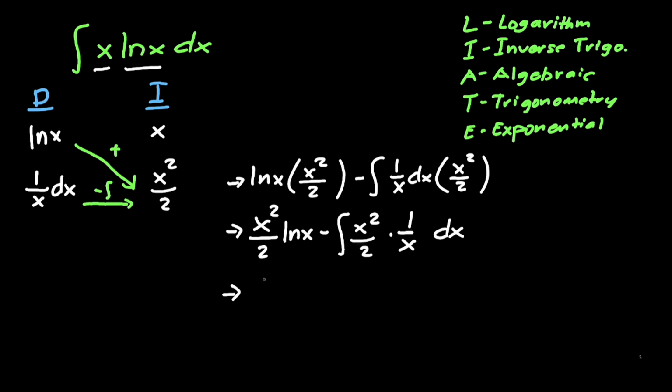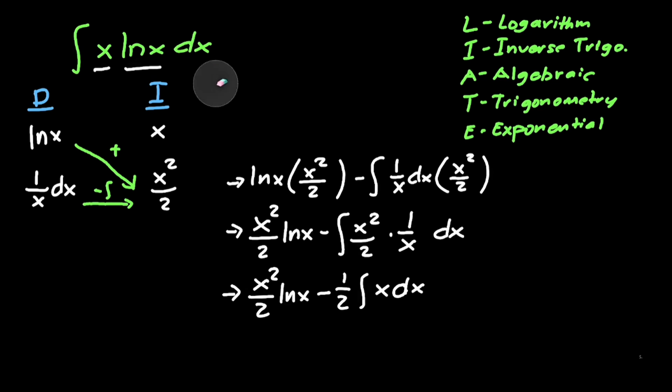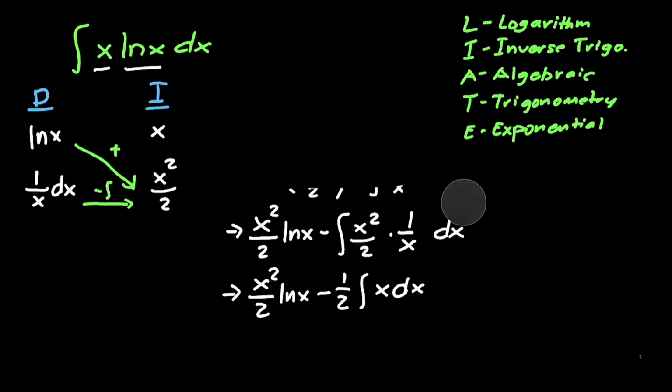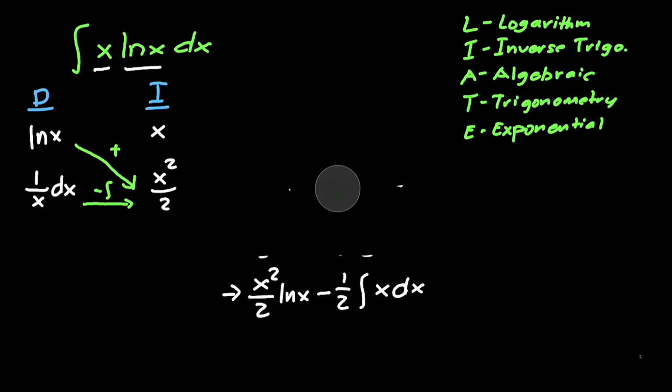So, simplifying the integral, you will get negative 1 half the integral of x squared divided by x, which becomes simply x dx. So, let's further simplify this integral, and you will get this.